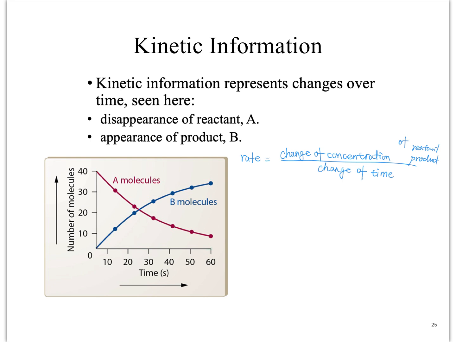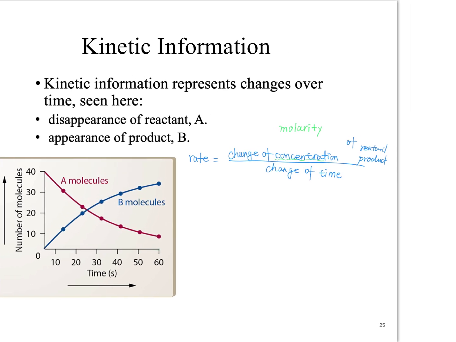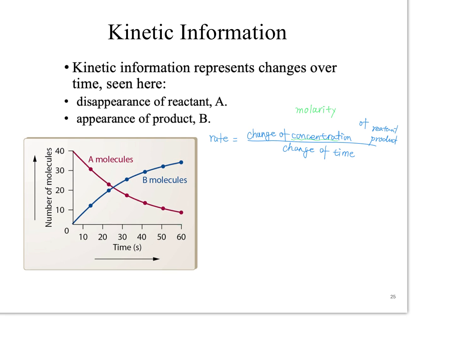When we talk about concentration specifically, we are referring to molarity. A lot of the time you will see people writing this as the rate equals the delta of the concentration over the delta t. In science, the delta always shows the change, specifically the final minus initial.